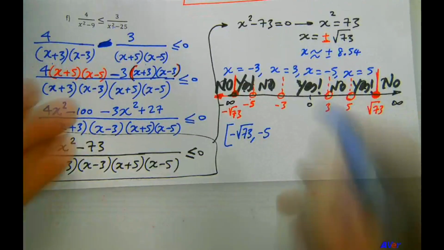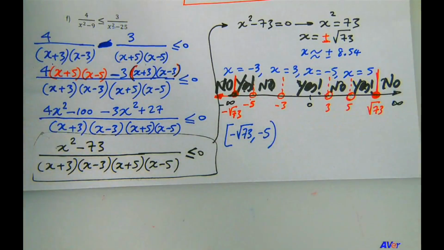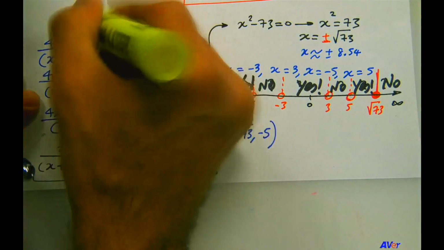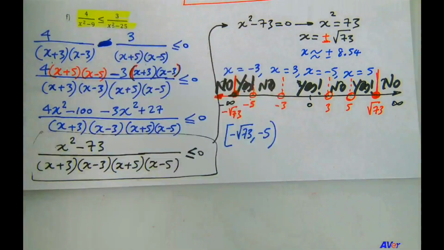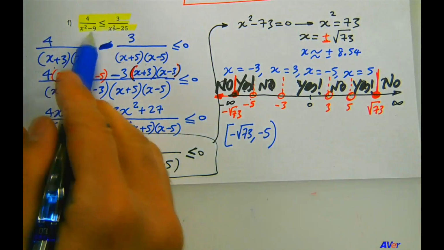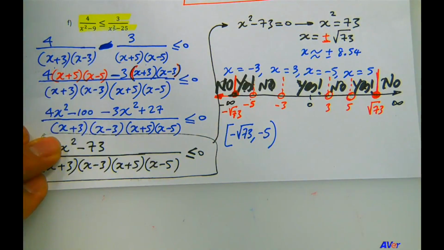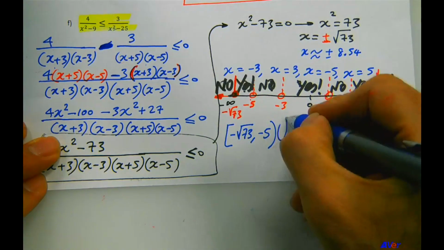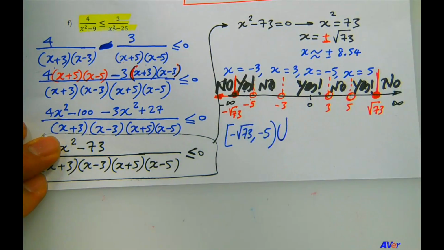So we have to have a parenthesis here. And let me highlight this so that this is the rational inequality for which we are finding the solutions, right? So all of this is the solution of that. Okay, union, that region is not a solution.